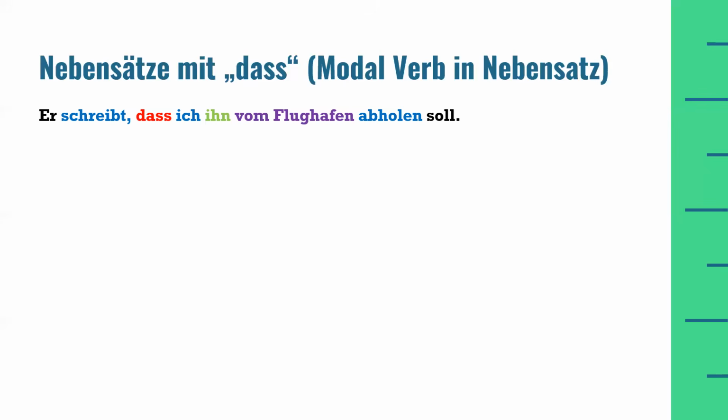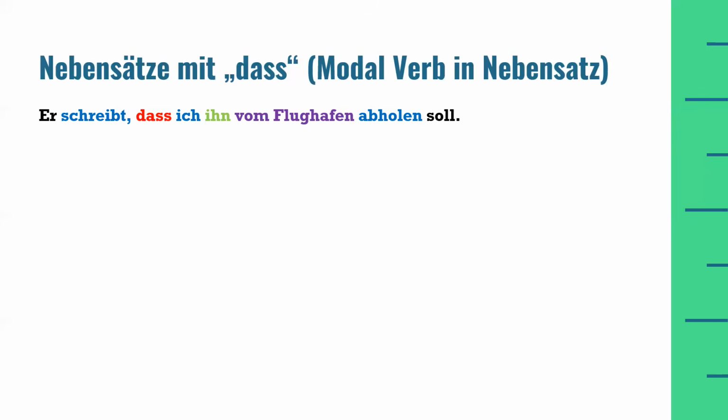So ihn is the personal pronoun for er, third person singular. Then comes vom Flughafen. Vom is the short form of von dem, because von is a dative preposition, so we have to use the definite article for Flughafen in the dative case, which is dem, von dem.